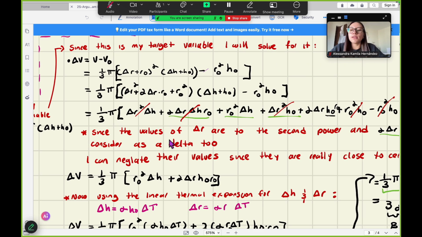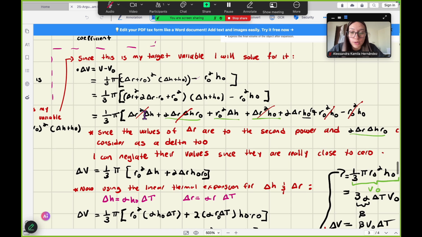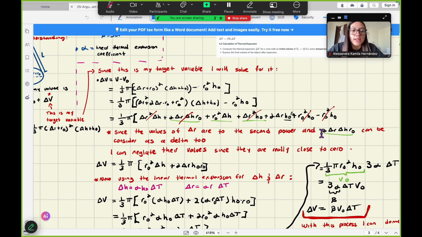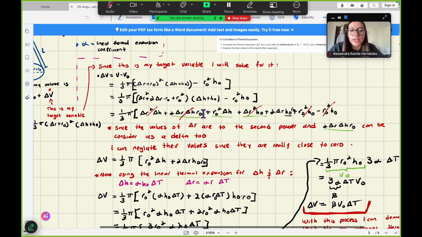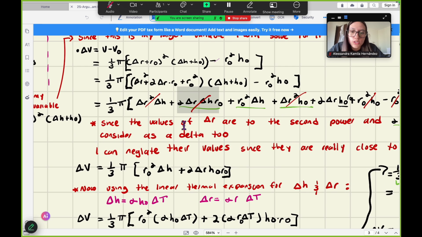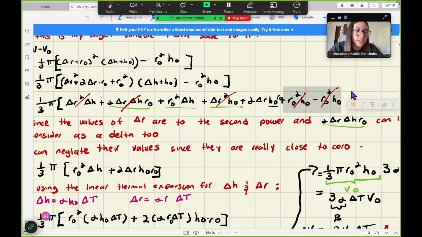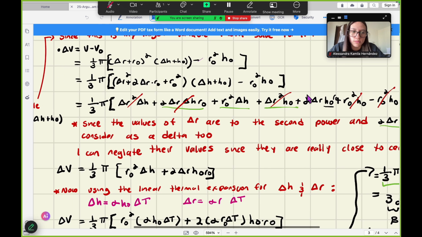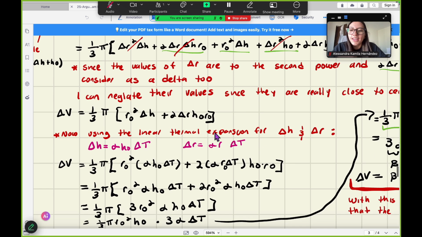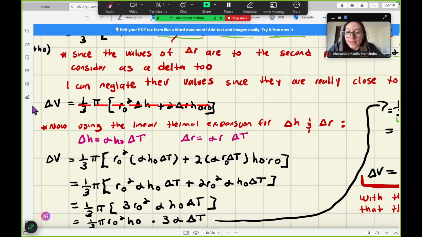Now, since the values of delta R are to the second power, as we can see here, and this is also a very small value, I can consider it as a delta squared. So I can neglect these values since they are really close to 0. I can neglect this one, and this one, and because this one appears the same, positive minus negative is just a subtraction. So at the end I get this.